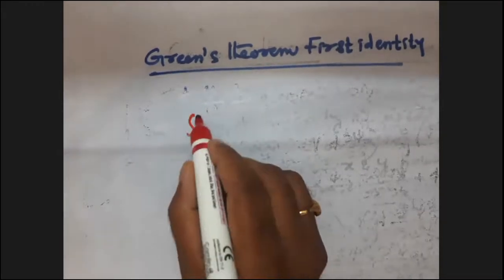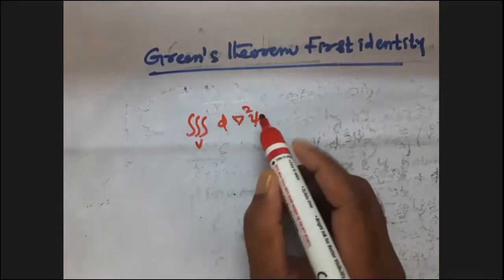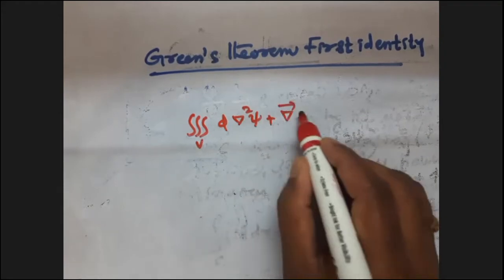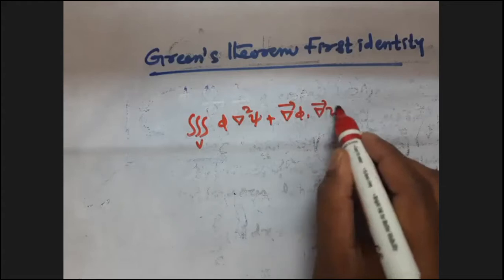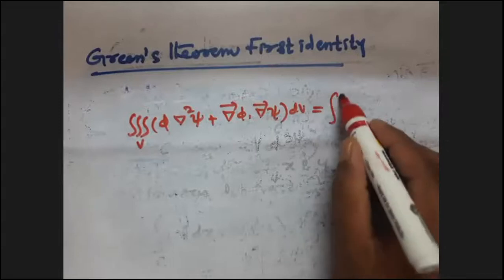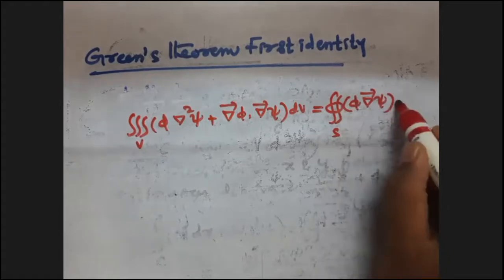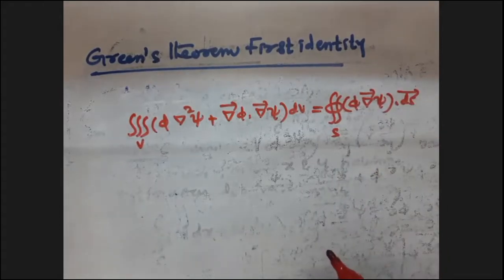Green's first theorem: volume integral of phi del square psi plus del phi dot del psi dV is equal to surface integral of phi del psi dot dS. This is what we got now. Okay, sir. This is Green's first theorem.